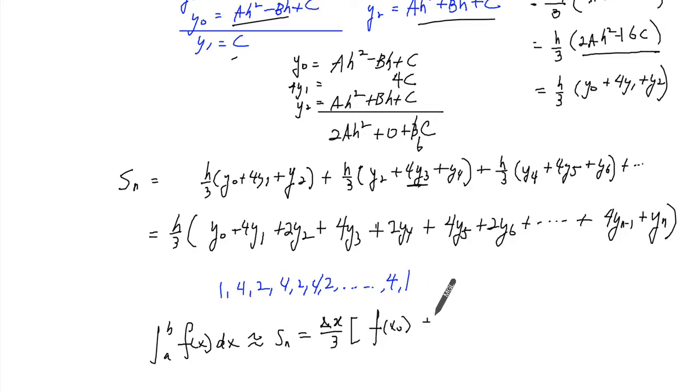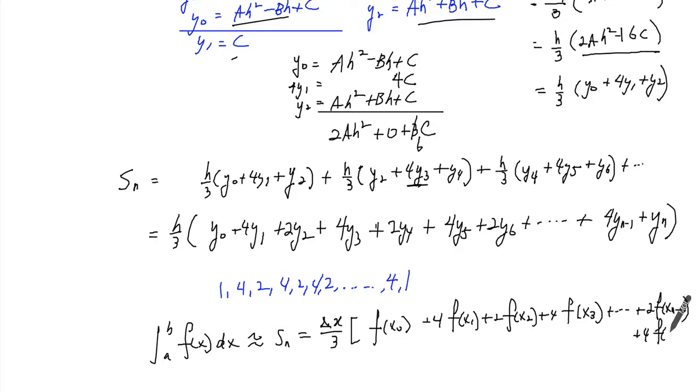And then it'll be 4 f at x1, 2 f at x2, 4 f at x3, and so on, until it'll be 2 f at x n minus 2 plus 4 f at x n minus 1 plus the last one will be just f at x n.